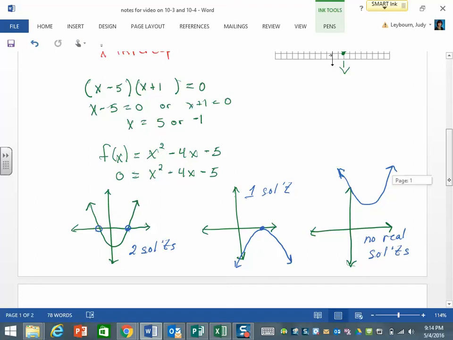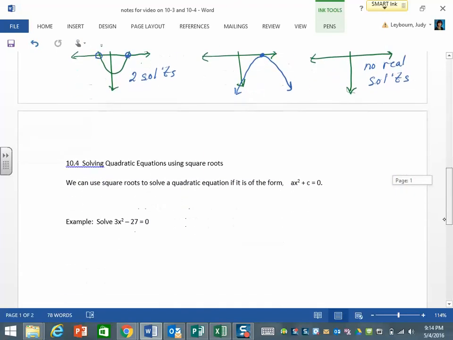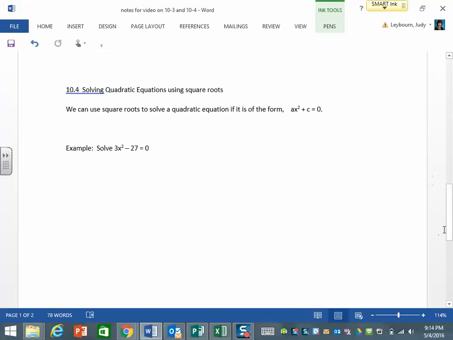Okay, let's go on to section 10.4, which now is going to talk about another method, and that is to solve quadratic equations using square roots. So we can use this method, using square roots, to solve the equation if our quadratic equation is of this type.